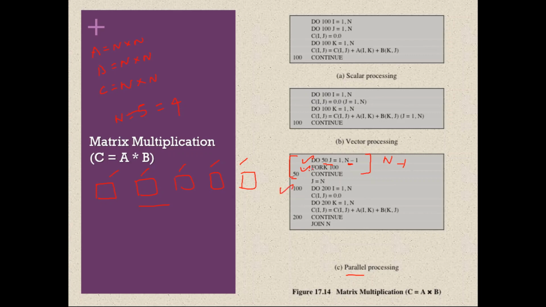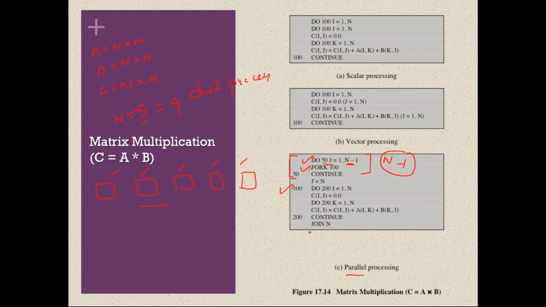This loop executes n minus 1 times, so we are creating n minus 1 child processes. If n is 5, these statements will create 4 child processes.